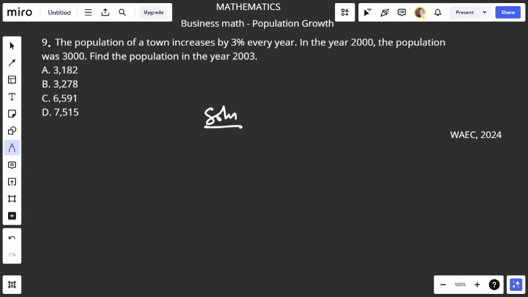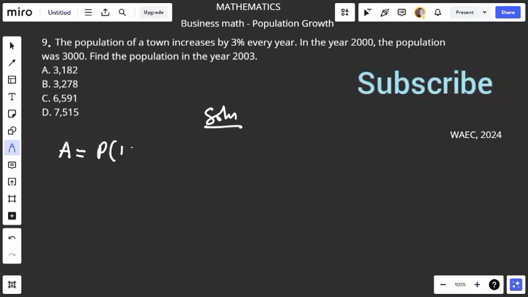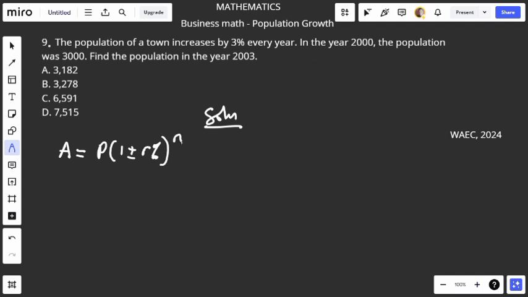That formula says A equals P into (1 plus or minus R percent), close bracket, raised to the power of N. Now, A represents compounded interest or compounded population, whether increase or decrease.